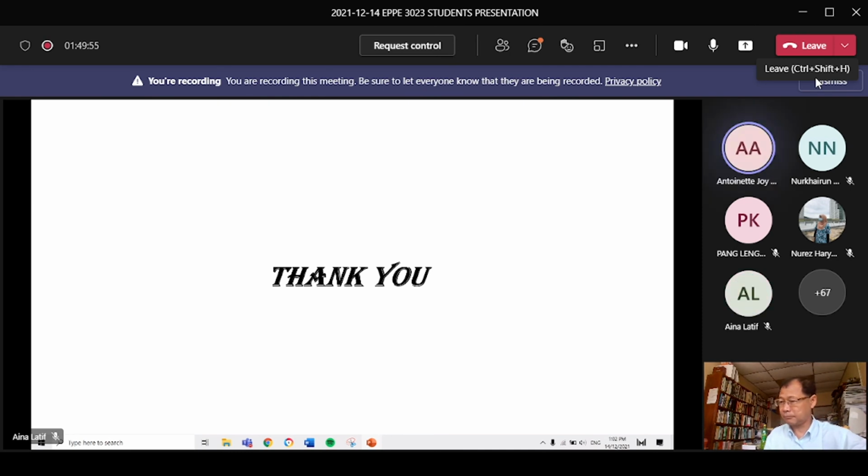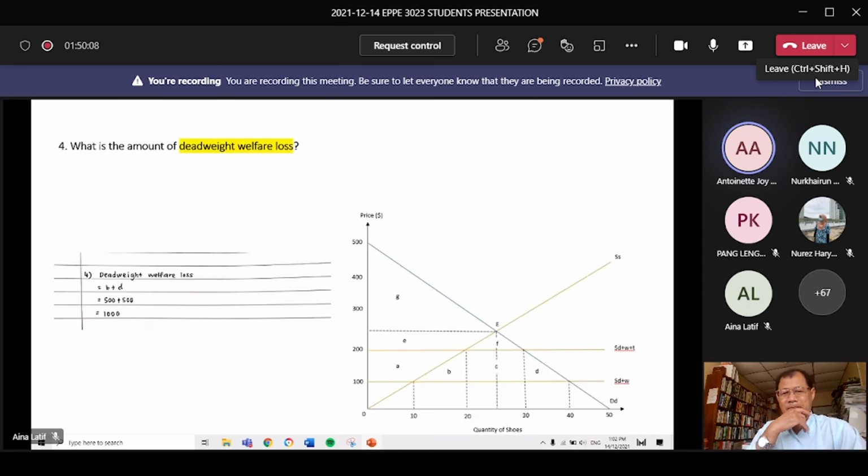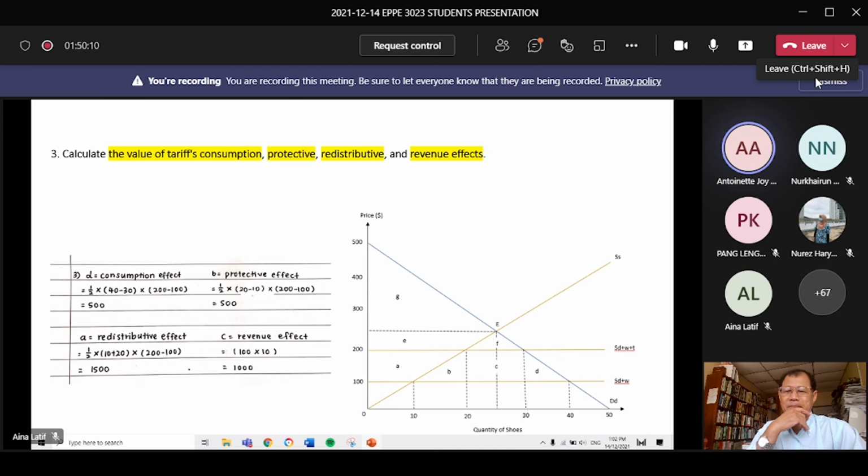Doctor, I think I can try. Oh yeah, sure. So based on the third to the last slide, can you go back to the part where we calculated the consumption, protective, redistributive, and revenue effects? Yeah, this one. So based on that, we can see that there are 4 implications or effects of imposing tariffs to small nations. So for the first one, we have the tariff effects on the importing country's consumers. So that's the consumption effect.